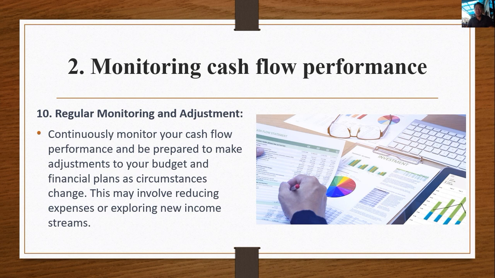So that's why you need to have the flexibility to make adjustments to your budget and your financial plans as circumstances change. This may involve reducing your expenses or exploring new income streams, so that you can weigh how these changes can help or reduce the impact on your operation.